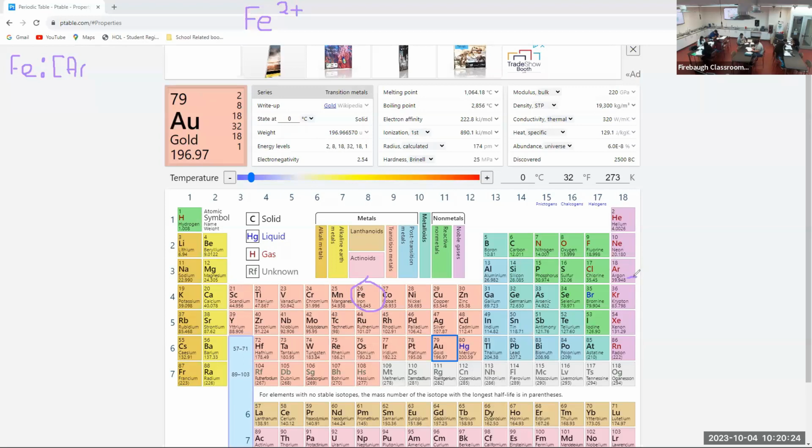That'll be our noble gas before. So argon. Okay, so then we come down to this period. For S2.